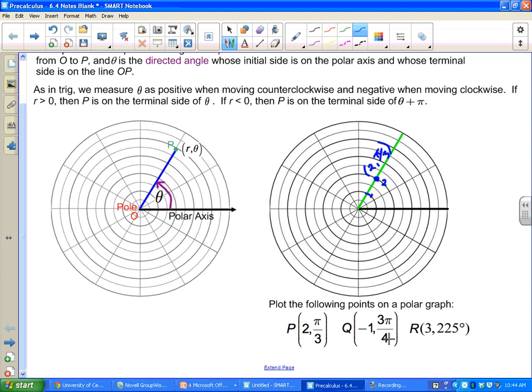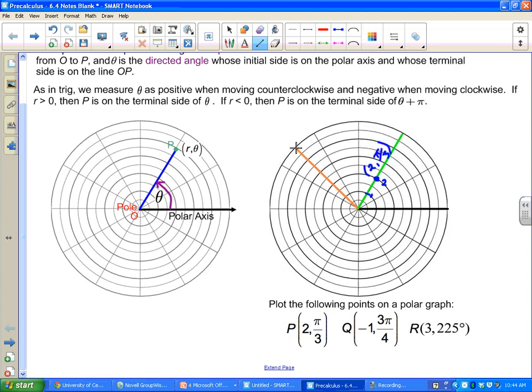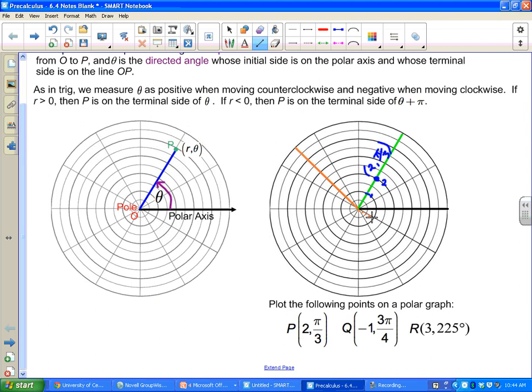Q here has negative 1 comma 3 pi over 4, so we're going to draw 3 pi over 4. 3 pi over 4, if you think about your unit circle, is right here. But I'm not going to go positive 1, which would be this direction. I'm going to go negative 1, which is the opposite direction. So you can extend your line if you want to the other direction.